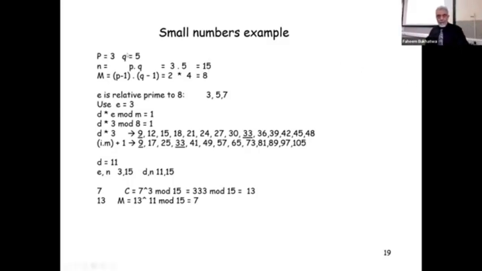So you need to start with two numbers that are prime numbers. In this example, we look at two prime numbers, P and Q. They have to be prime numbers, and they have to be large, but we've used the smallest prime numbers we can, just to keep calculations to a minimum.